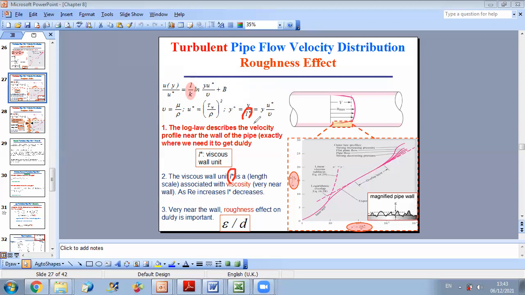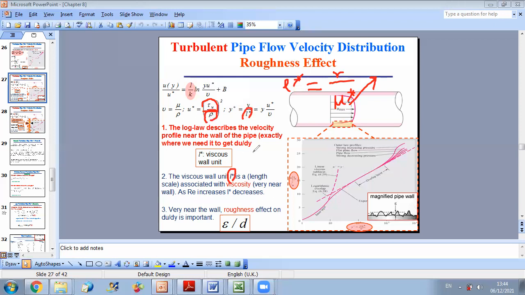L star, the characteristic length, was found from dimensionless analysis to be equal to mu over u star. So here you can see that when u star increases, and u star is related to the shear stress and to rho, okay?